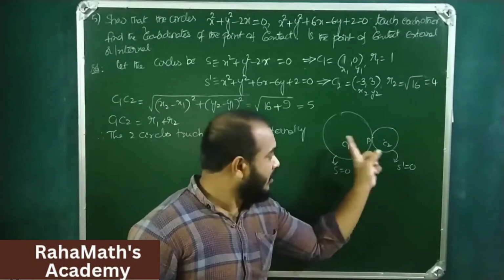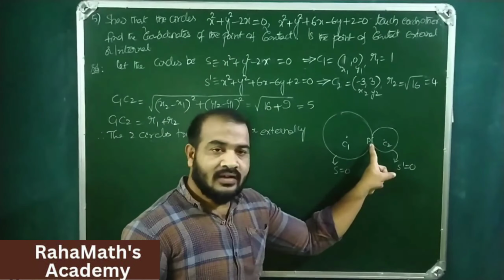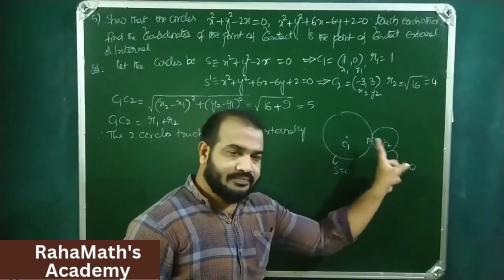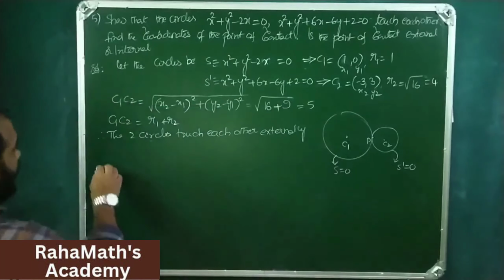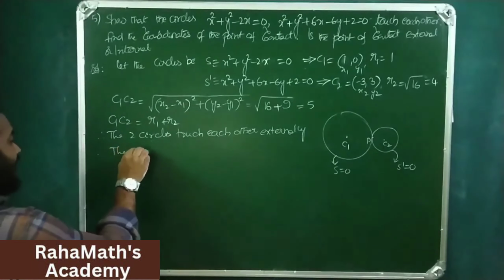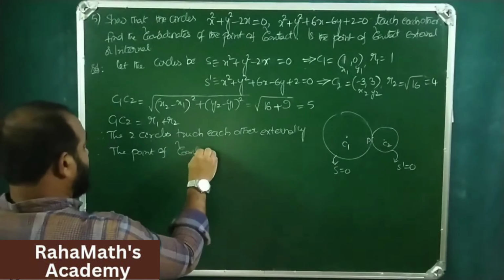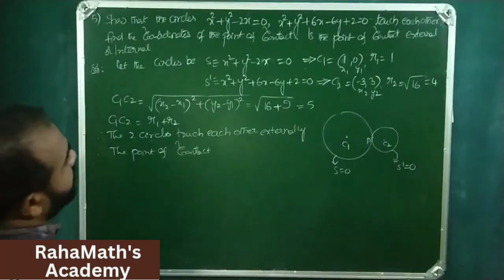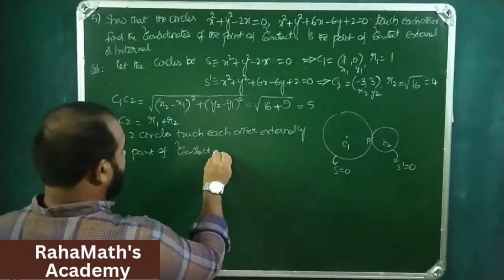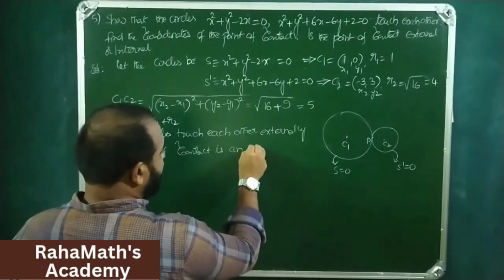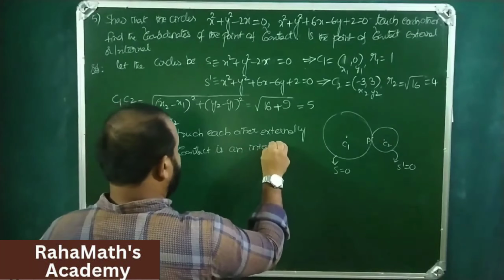Clearly, this diagram shows that P is the internal point. So, therefore, the point of contact is an internal point.